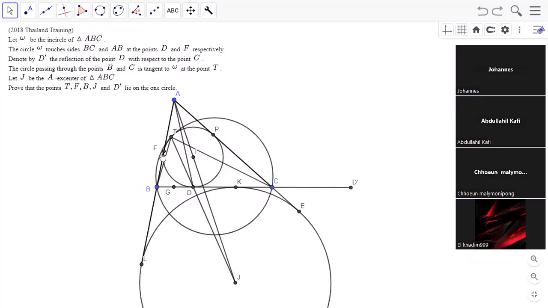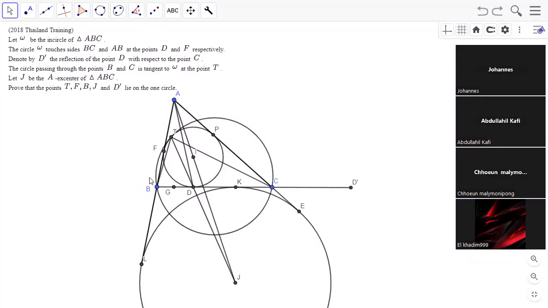So I can show that TFBJ is cyclic because angle TFA is TDF, which by a homothety is TJB. Actually, I might want to think about that. Is that obvious by homothety? TDF is TJB.